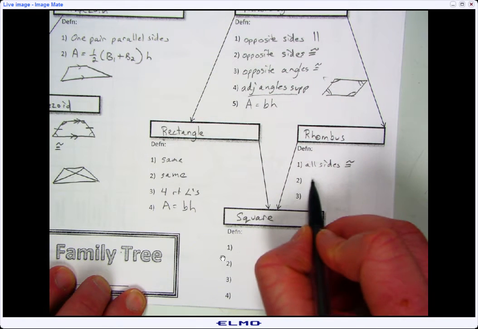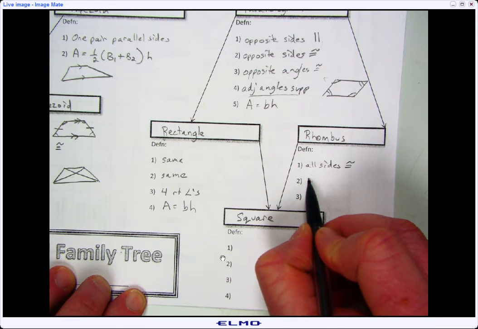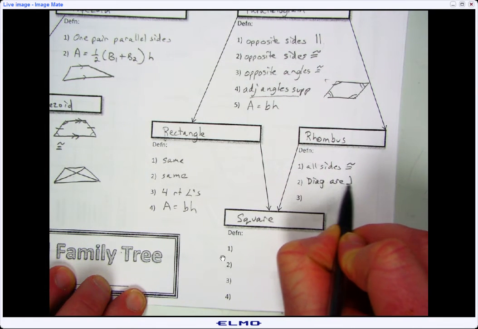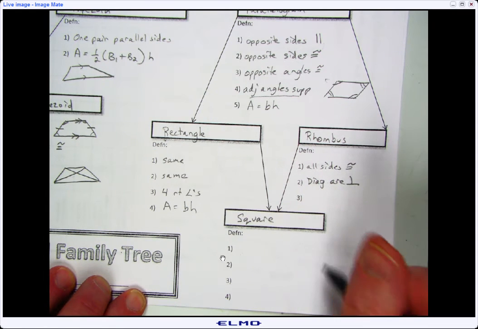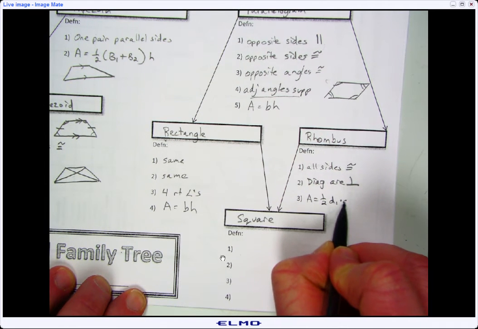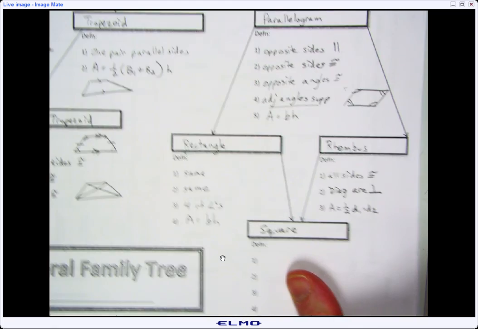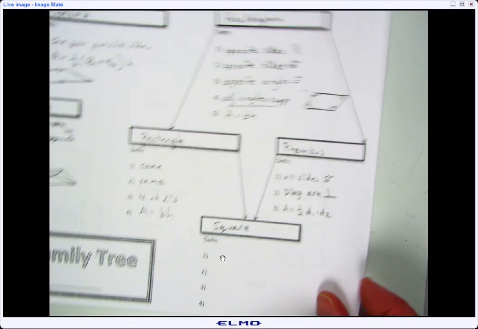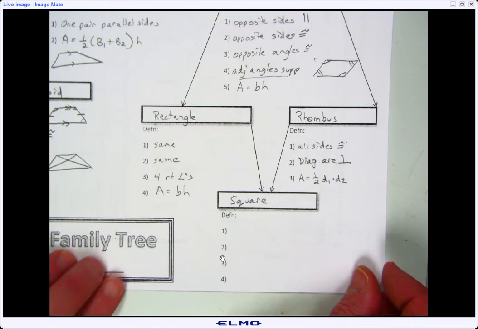And the diagonals are perpendicular. Area formula for a rhombus, 1/2 d1 times d2. You'll notice that is the same as the area formula for a kite. Sometimes people get the kite and the rhombus properties mixed up.